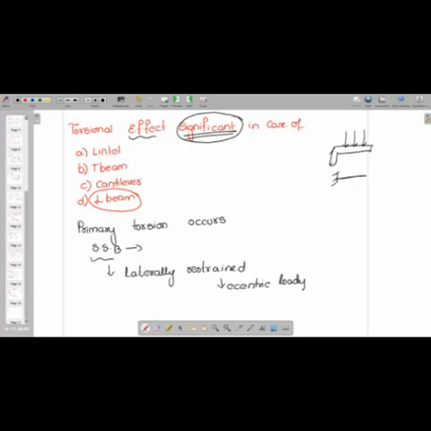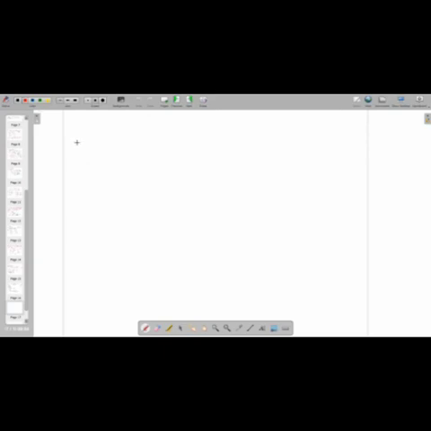Okay. Now this is another important question, very important. The ring beam of a water tank.